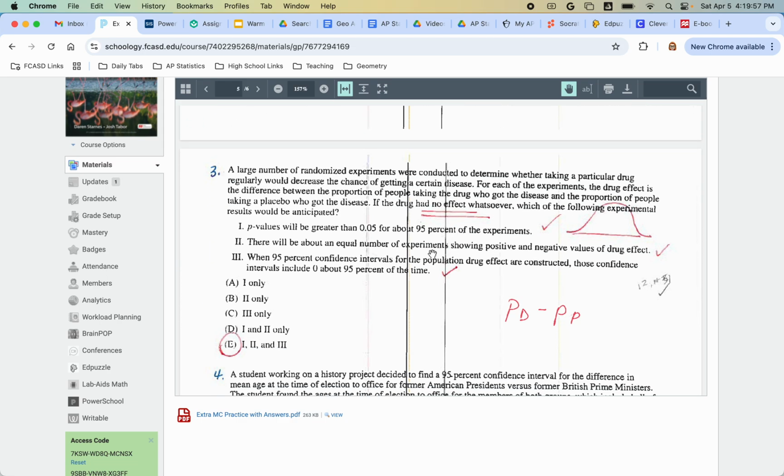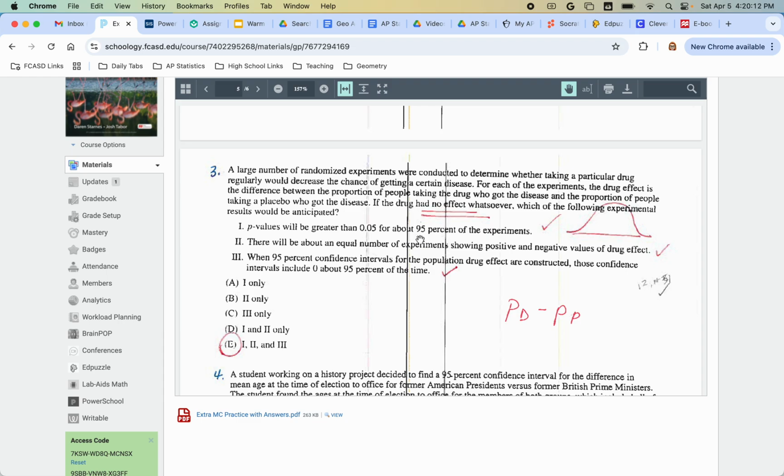This one right here, alright, so this one's saying if the drug had no effect, which of the following experimental results would be anticipated?